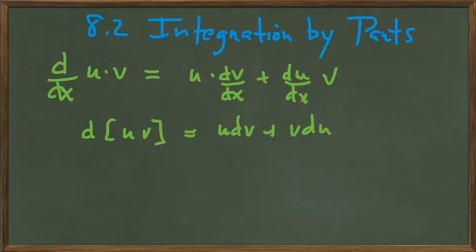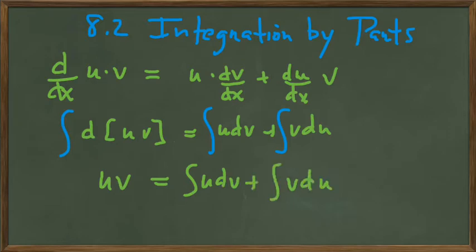And then let's integrate both sides of this equation. So we integrate the term on the left, integral and derivative undo each other, so we just get uv on that side, and so uv equals the integral of u dv plus the integral of v du. So we get this formula, which we're going to write in a slightly different form.